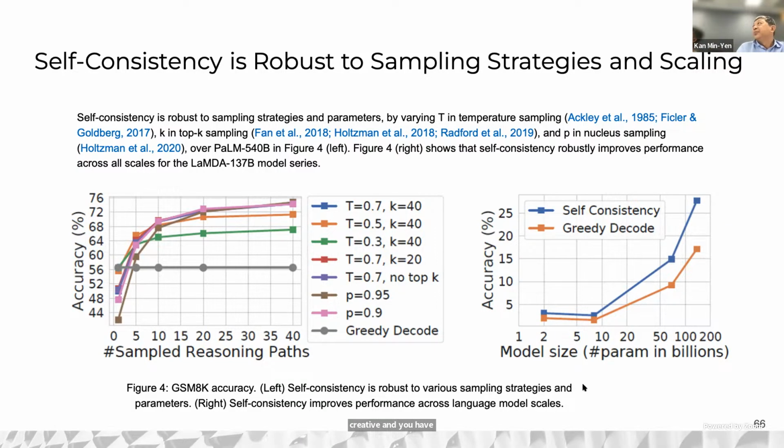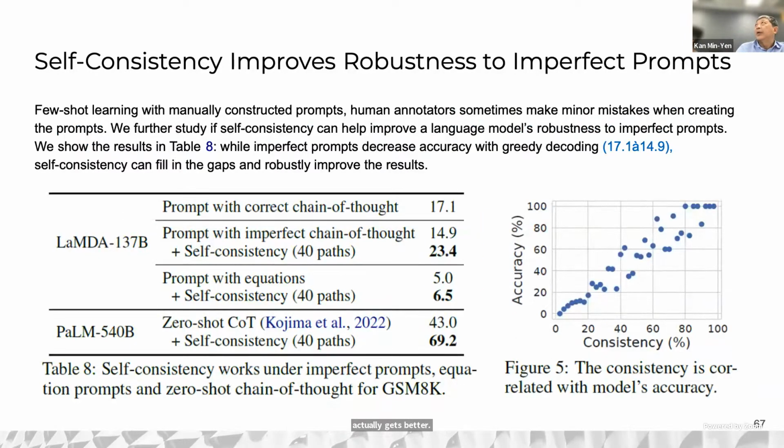And of course, you look at how many parameters the model needs to get a better result. In fact, it improves a lot. As the model gets bigger, self-consistency actually gets better. We call this COT-SC for short. Robustness is also there because, as I said, people make mistakes. Even if somebody spells it wrong, or you have some of the actions reversed, it still works.